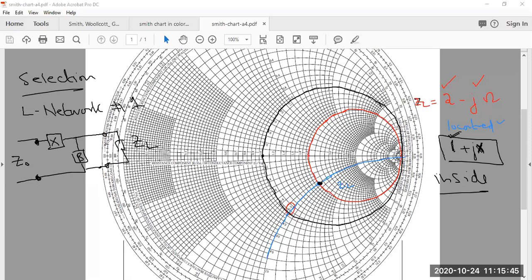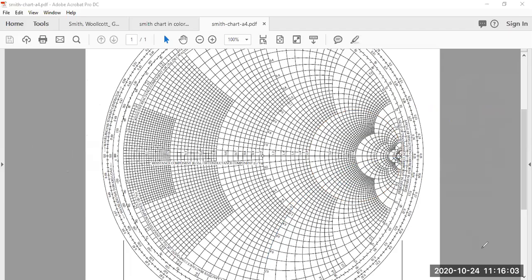So it means now this is the circuit that you will solve. Okay, so we have completed step number 1. Let me go back.